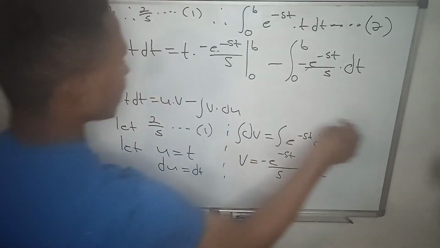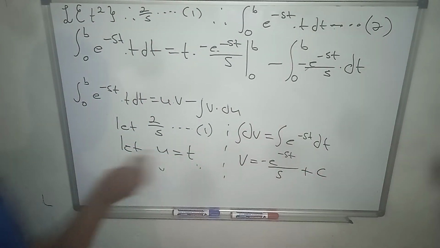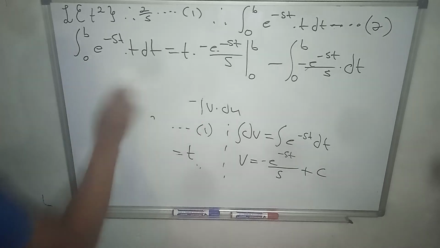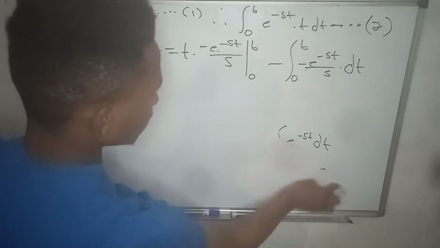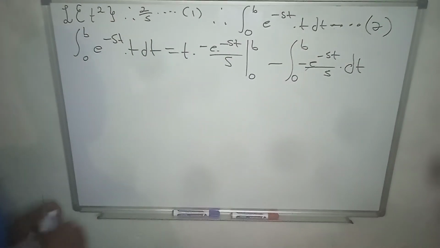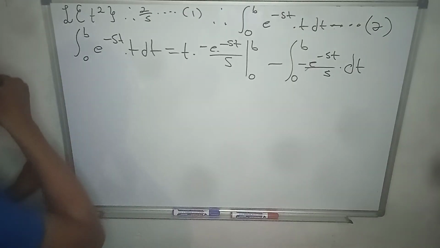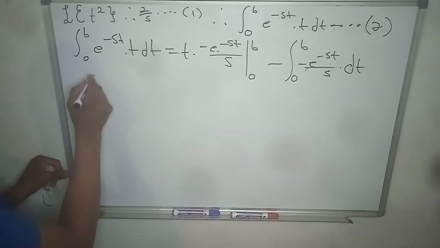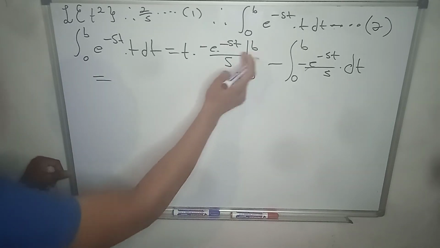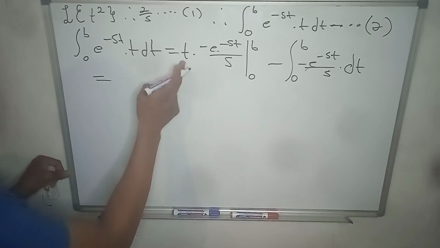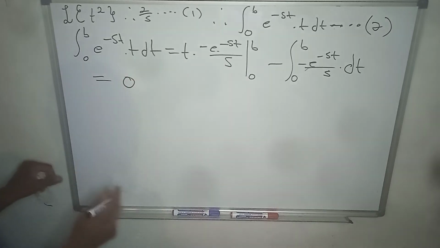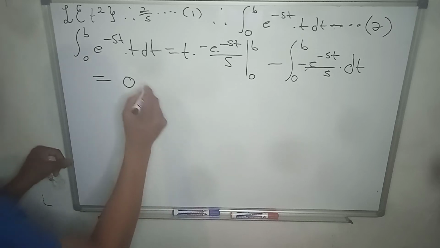Let me evaluate first. If you substitute here, b will give us 0, and even for 0, it will give us 0. Try substituting on your own, you will see this whole thing is just 0.